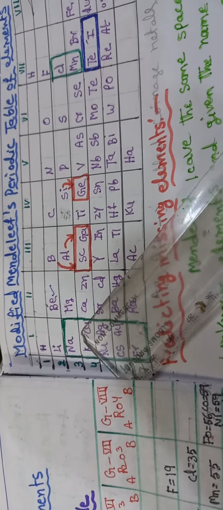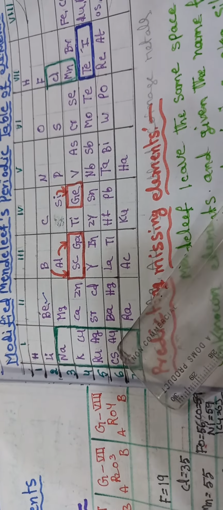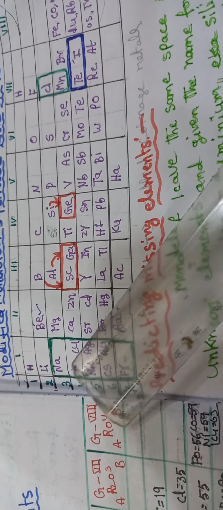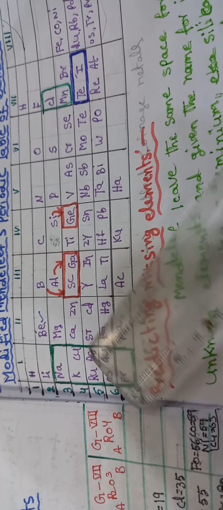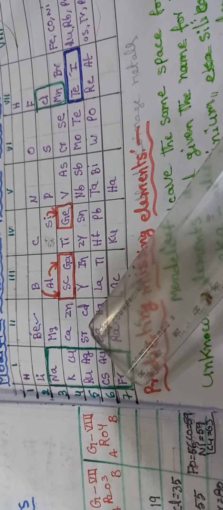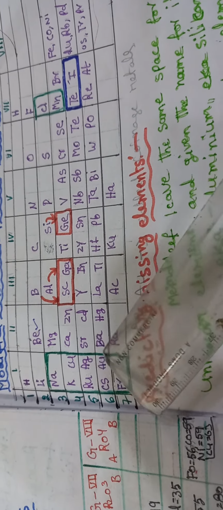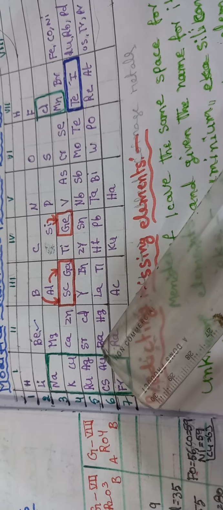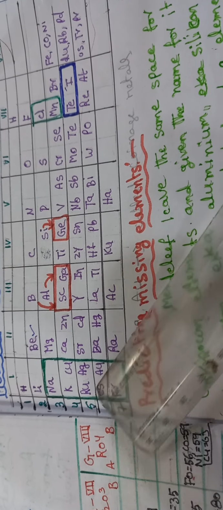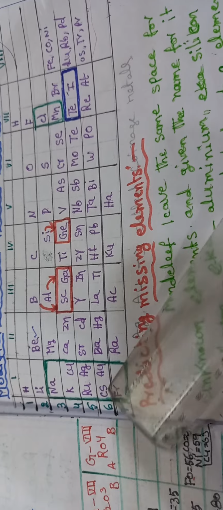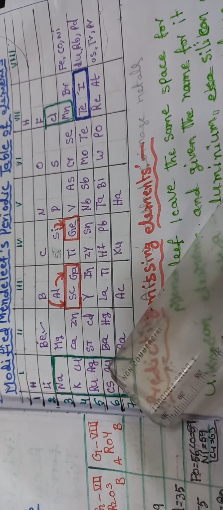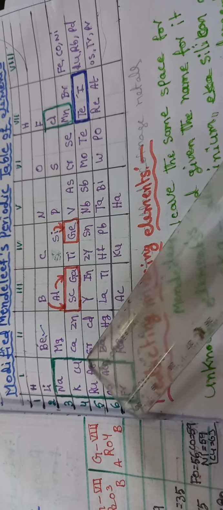So here we can see in the first group sodium, potassium, rubidium; these are alkali metals. And copper, silver, gold; these are coinage metals. So different properties are there, but Mendeleev placed these elements in the same group. This is a drawback.